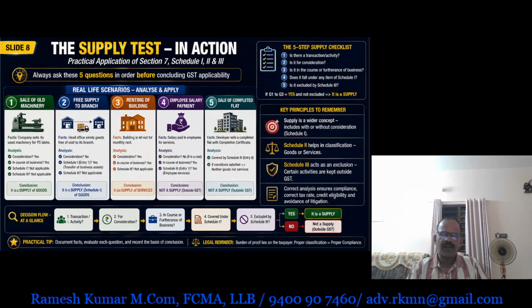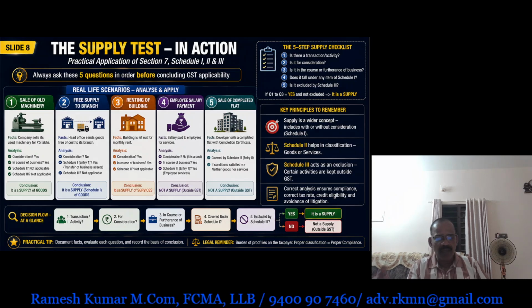Fourthly, salary is paid to an employee. Even though there is payment and an activity, Schedule 3 may apply because the service is provided in the course of employment by the employee to the employer. And finally, a completed flat is sold after satisfying the relevant statutory condition, that is, completion certificate has been issued.